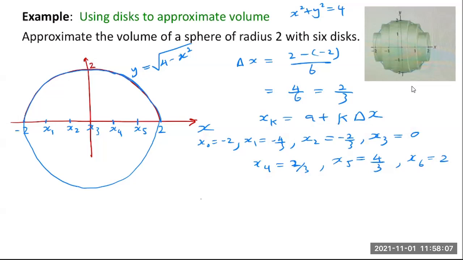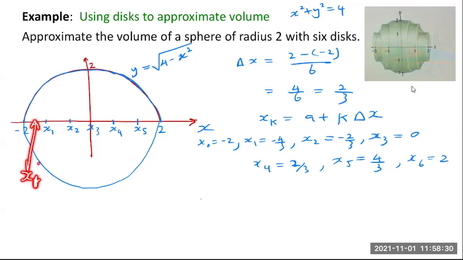Now, what I'm going to do is, I'm going to go to a particular interval. In this interval, I'm going to construct a disk. The way I construct the disk is, I'm going to find the midpoint of this interval. I'll call that xk star, x1 star, because that's the first interval.